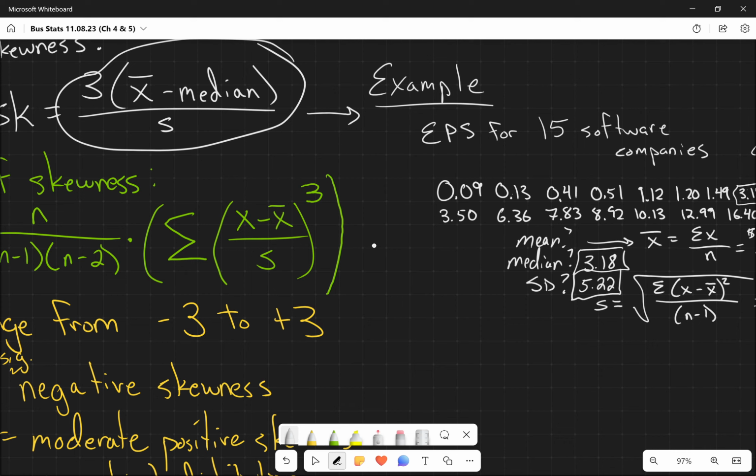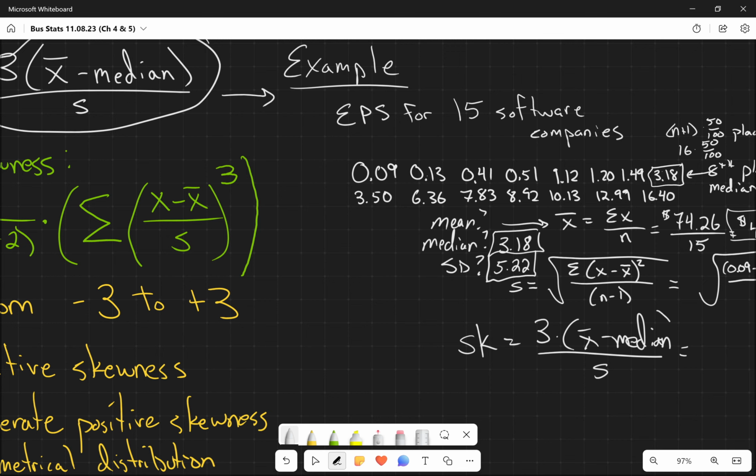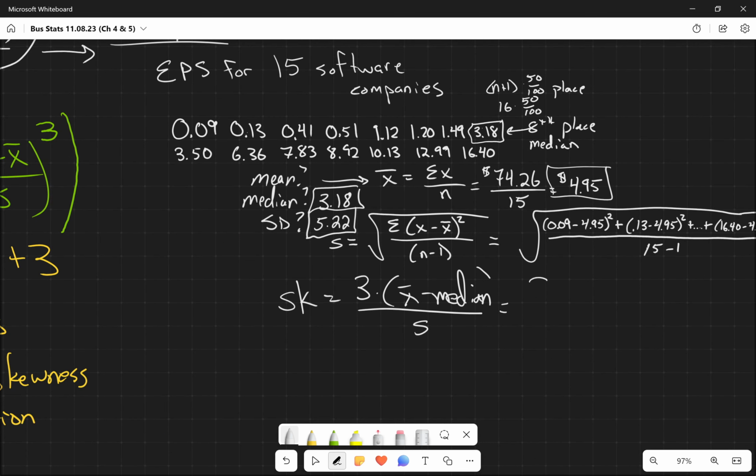SK is equal to 3 times X bar minus the median, divided by my standard deviation. So this equals 3 times (4.95 minus 3.18) divided by 5.22.